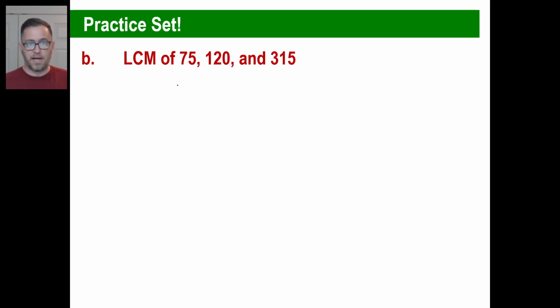All right, 75, let's go ahead and do this. Let me see if I can get this in my head here. That's just going to be 3 times 5 times 5 will be 75. 120 will be, let's see, 2 times 2 times 3 times, well, that should be 3 2's, shouldn't it? 2 times 2 times 2 times 3 times 5. That's going to be 120.